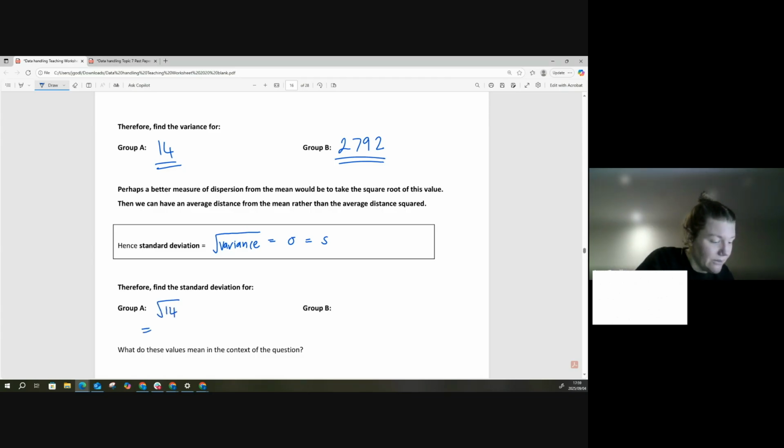Pop that into my calculator, and we get 3,74. And the other one is the square root of 2792, which gives us 52,84.